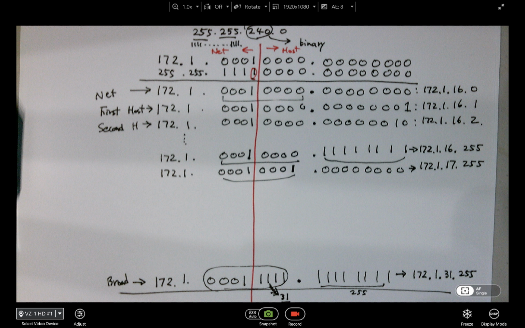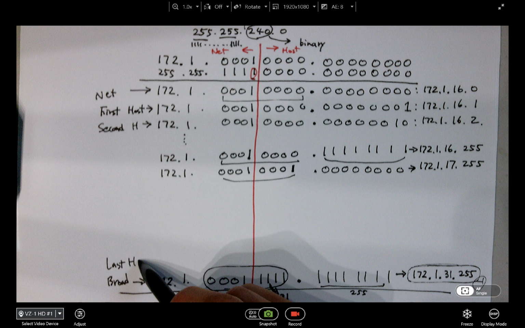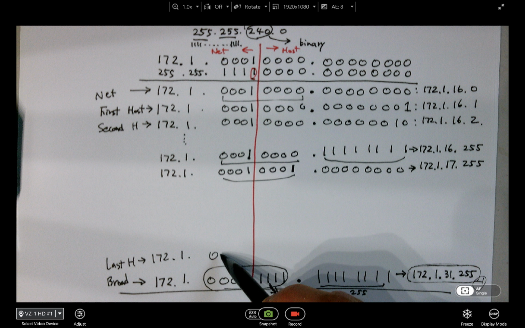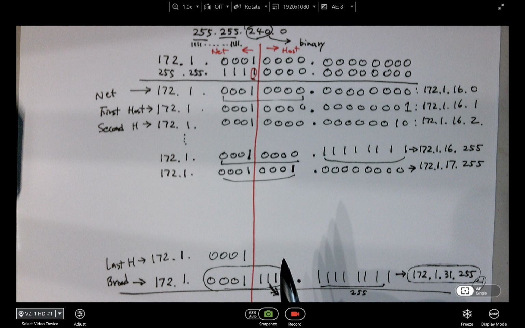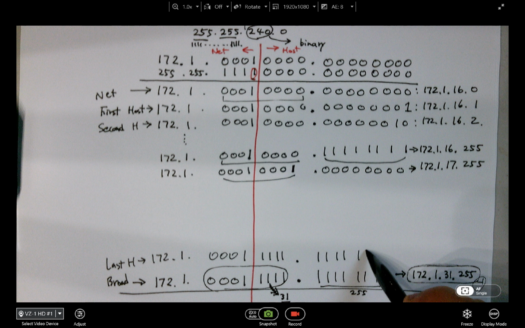And then what about the last usable host IP address? Basically, you can get the last usable host IP address by taking this broadcast address minus 1. If you do that, then you can get the last usable host IP address. So the last usable host IP address is 172.1.0001, and then the same dot 1111110.